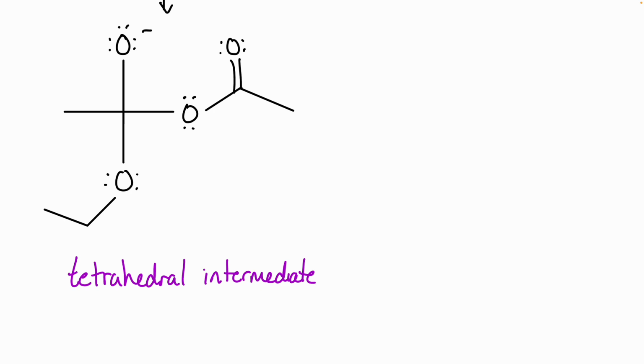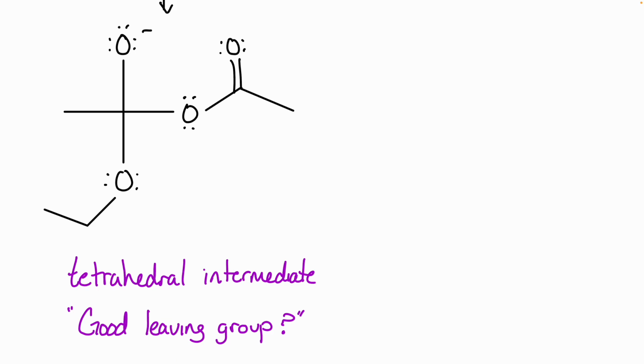Do we have a good leaving group? And we're going to see that this is what makes our carboxylic acid derivatives different from our aldehydes and ketones, because when we get to this point here, the answer to this question is what? Do we have a good leaving group in this molecule?